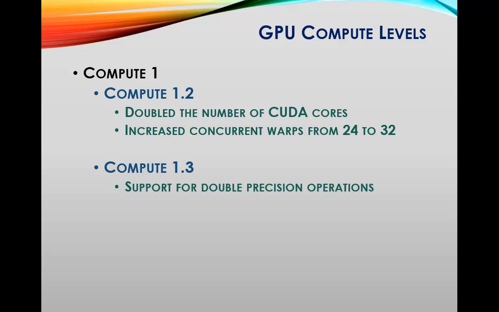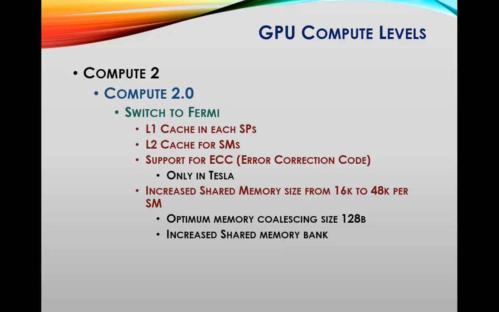If you were to perform a double precision calculation, you'd see an order of magnitude drop in performance as opposed to running single precision floating point operations on the GPU. With access to double precision introduced in Compute 1.3, that limitation was addressed, at least slightly.